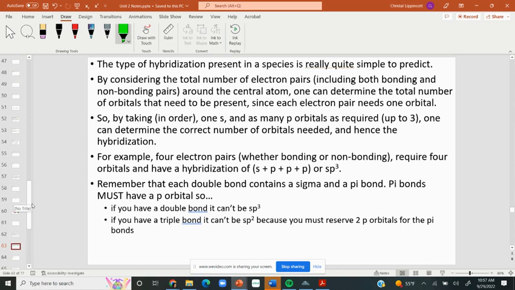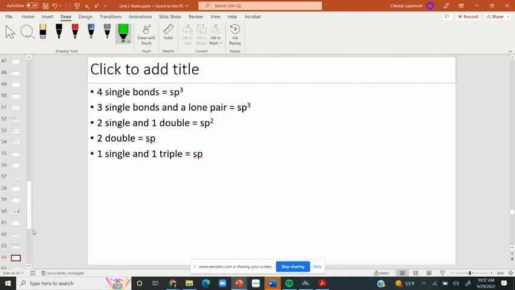So I've essentially gone through these slides. This is what we're going through next. When we draw these out, let's say that we had CH4 here. I draw this out as my Lewis structure.